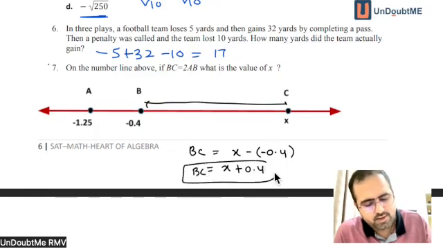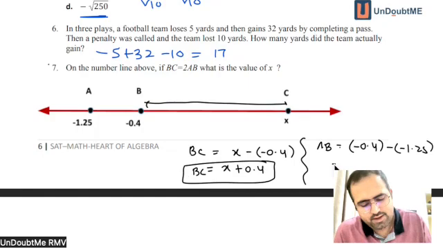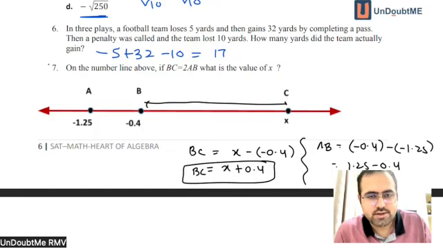Similarly, what will be the length of AB that you have already found? Minus 0.4 minus 1.25, so that will be 1.25 minus 0.4, and that will be 0.85. Now read the question again.